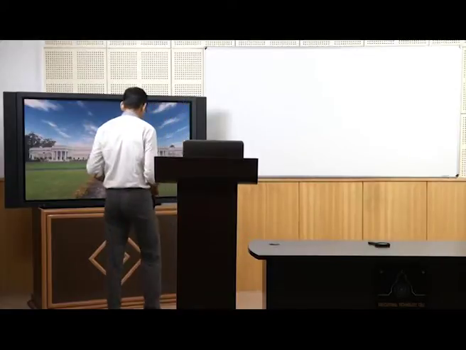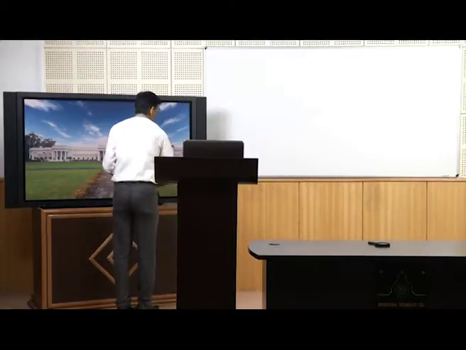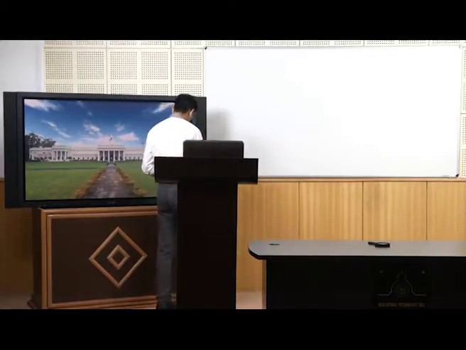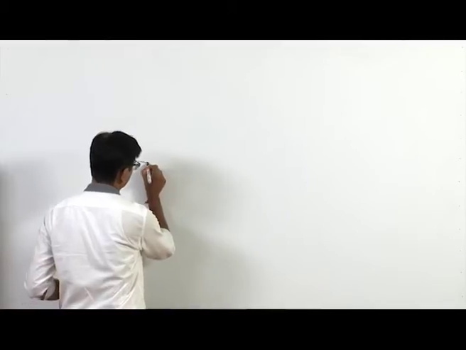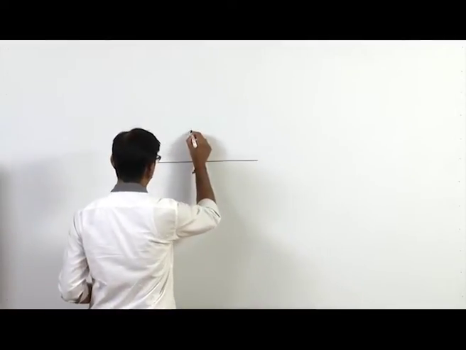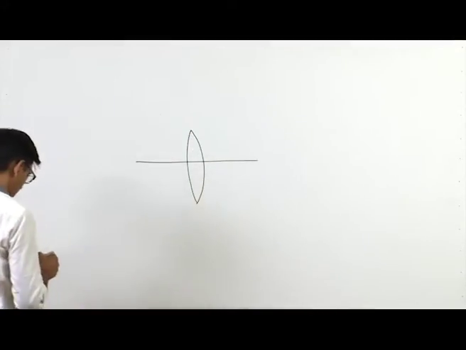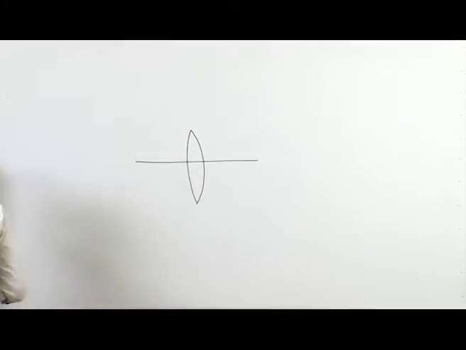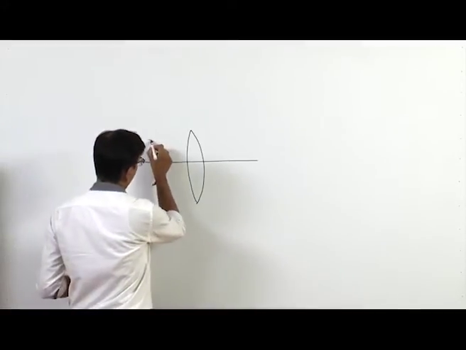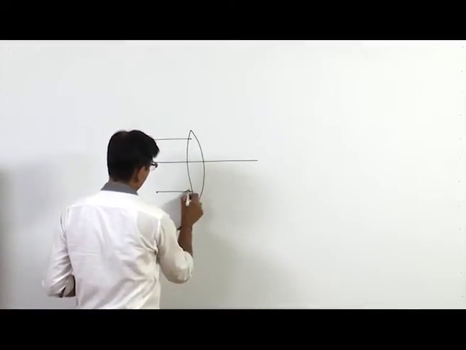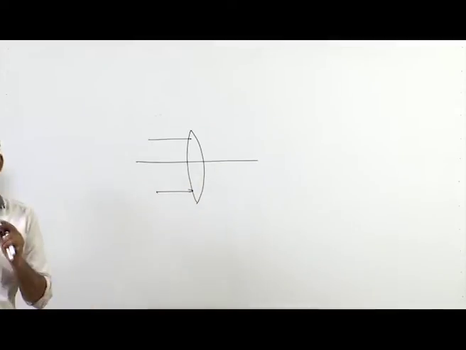So, again let me draw a schematic here. This is my lens, and suppose white light is falling on the objective lens here, or any lens here.